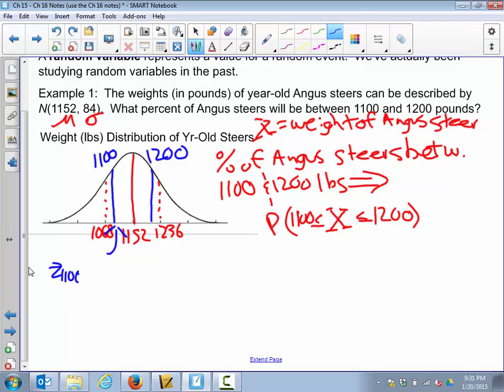So the z-score for 1100 is equal to the value that we care about, 1100, minus the mean of 1152, divided through by your standard deviation of 84, which gives you negative 0.619.